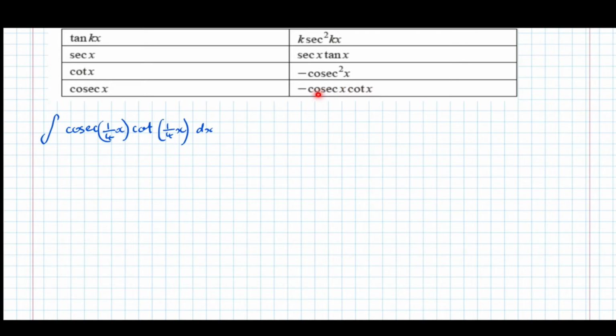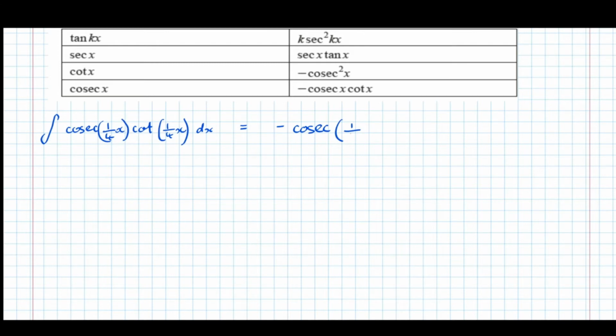So we know that the integral of minus cosec x cot x is cosec x, but this is quarter x, so we'll replace the x with a quarter x. So this is another one of those linear functions with another function wrapped around it, a quarter x, and we've wrapped around it cosec cot. So the integral of cosec x cot x we can derive from this would be minus cosec x.